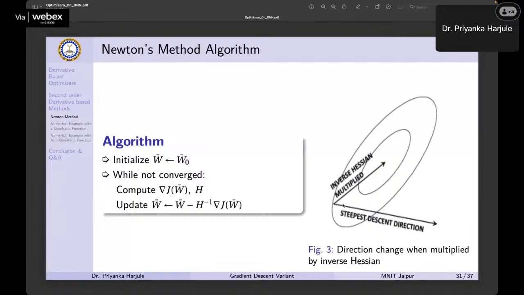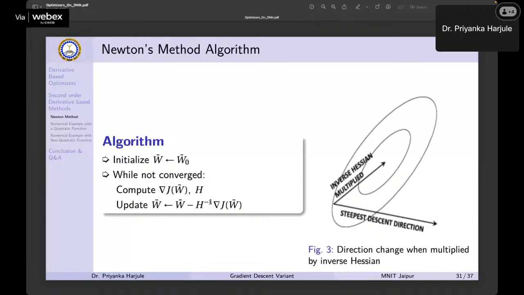So the multiplication with the inverse Hessian is the main important part of this entire procedure in changing the direction of the steepest gradient descent, so that we can take larger steps in that direction in which the loss function is minimizing, even if the instantaneous rate of change in that direction is not as large as the steepest descent direction because of the multiplication of the Hessian.